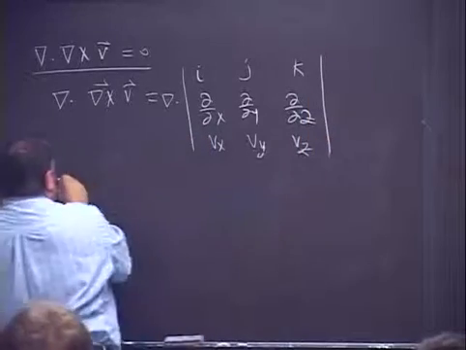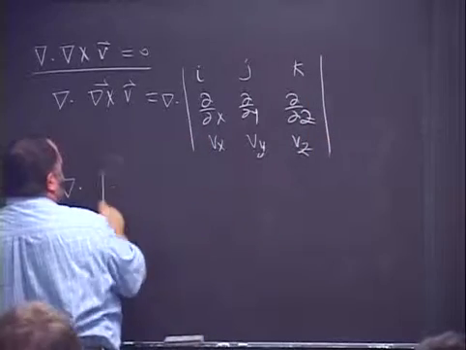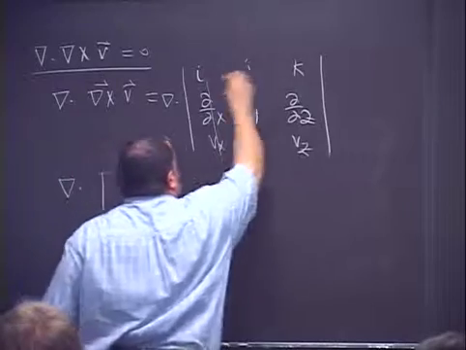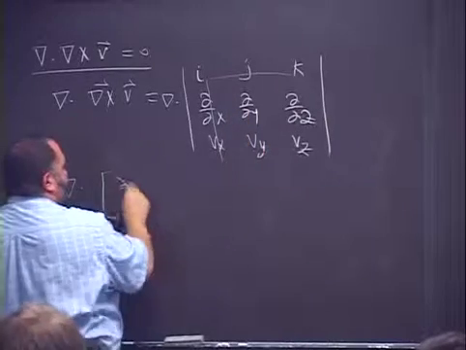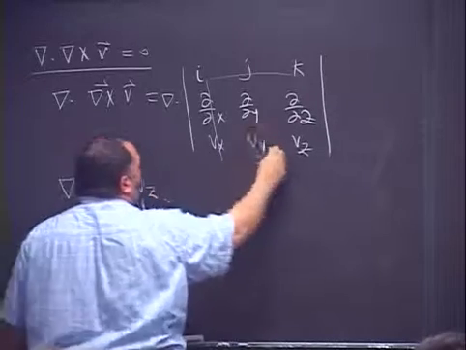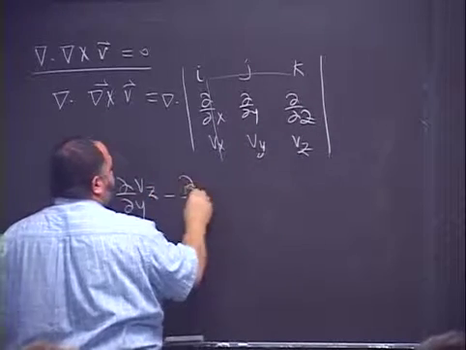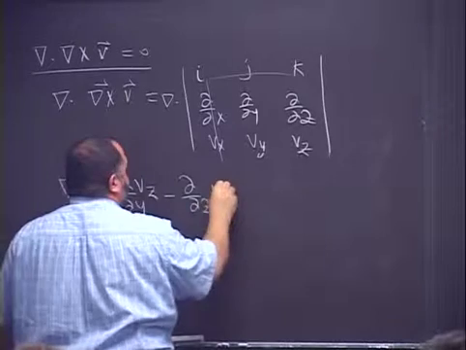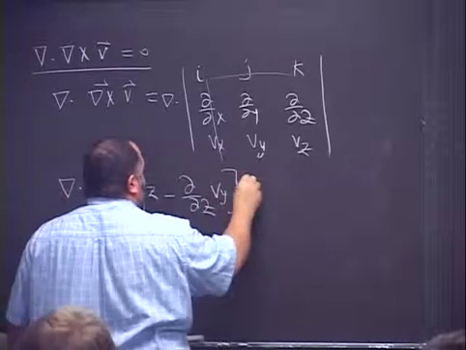So this is the divergence with the components here will be what? d by dy for vz minus d by dz for vy in the i direction.